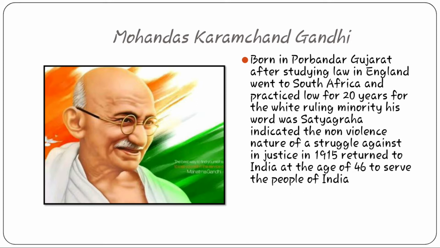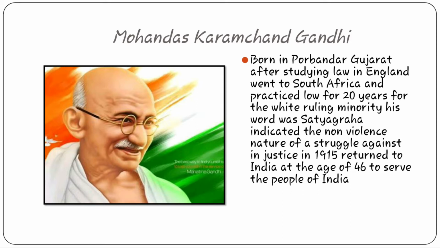Mahatma Gandhi, after his studies in India, went to England. There he studied law, LLB, and he went to South Africa and practiced law for about 20 years. There he got bad treatment because of his color. During that time, South Africa was also a colony of the British.